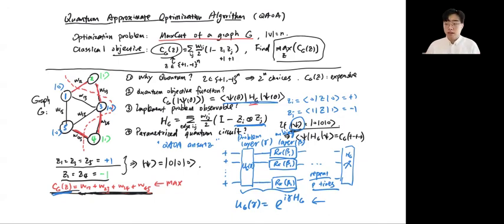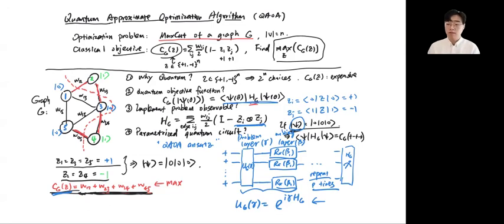When p goes to infinity, so a deep quantum circuit, one can show that the approximation ratio approaches 1. The behavior of this quantum algorithm at other values of p is not so well understood, and it's still being actively explored in research.